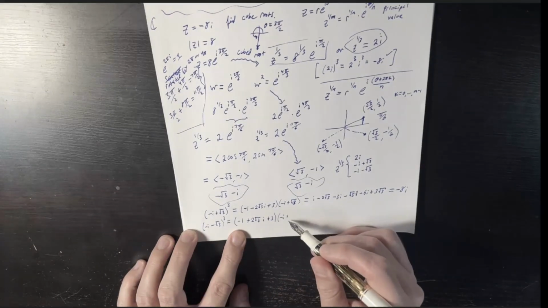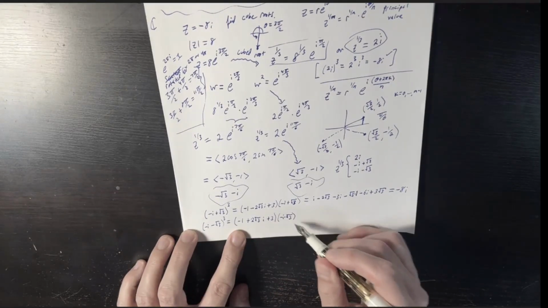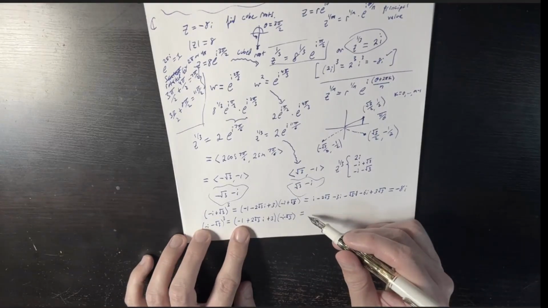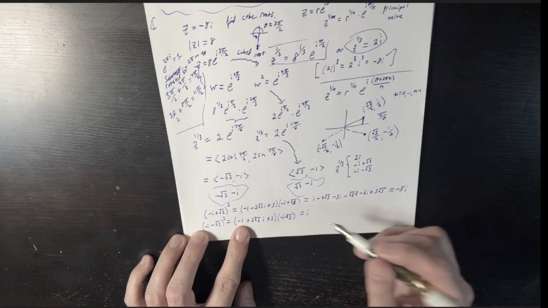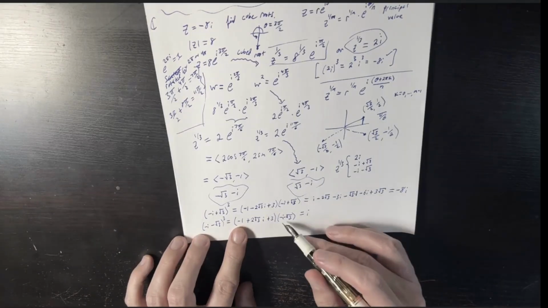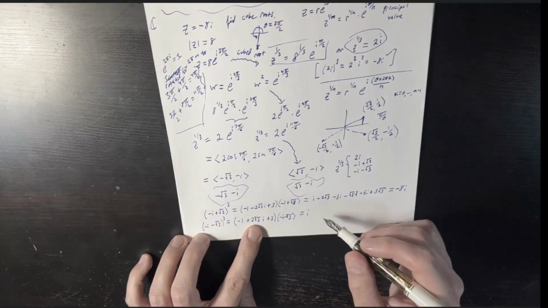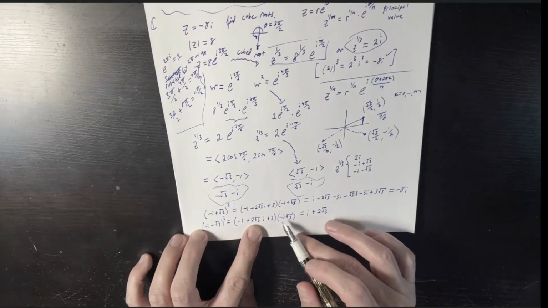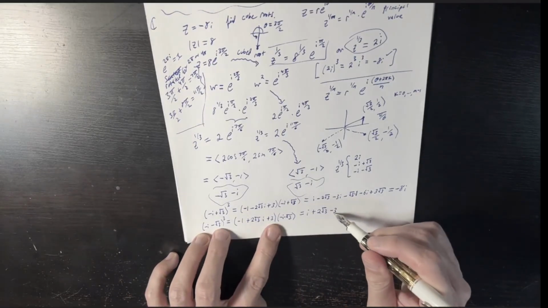Negative I, minus root 3. So negative I times all this stuff, you get I. Negative I times that, they cancel, you get I. Negative I times this, you get positive 2 root 3, I guess. Does that make sense? And then negative I times the third one, we just get like that.